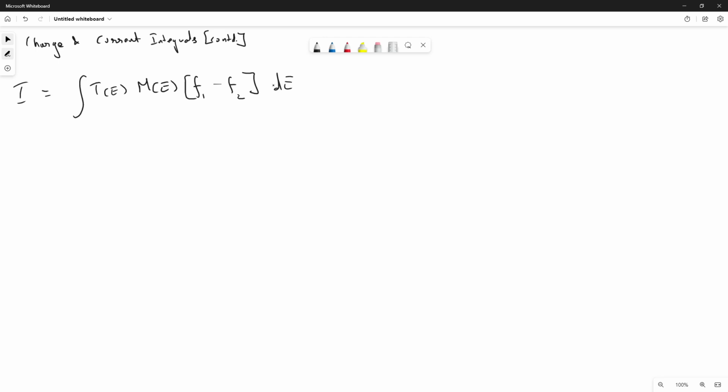Of course, there is a factor of 2q upon h bar. Now, since it's a ballistic channel, T is approximately equal to 1. Since it's a ballistic channel, obviously T has to be close to 1. So let us take it as 1.